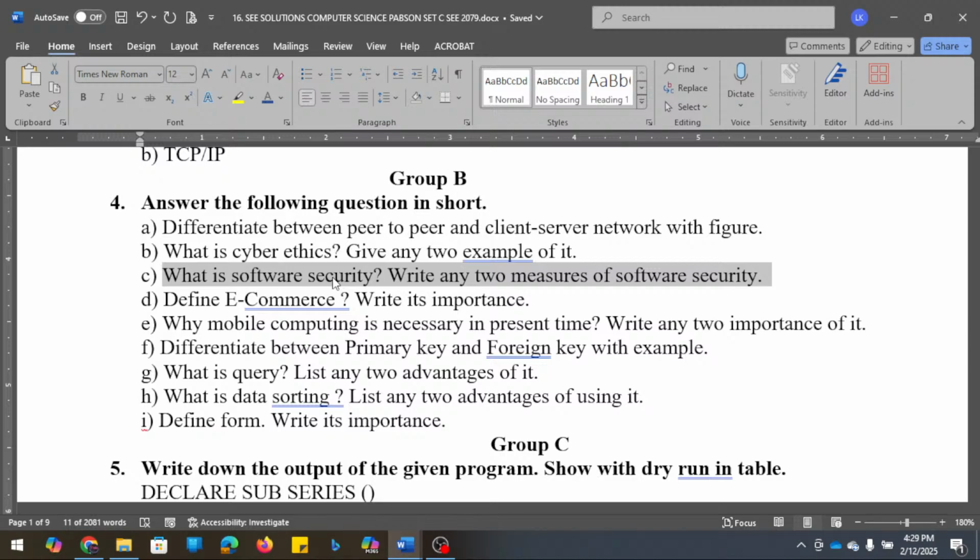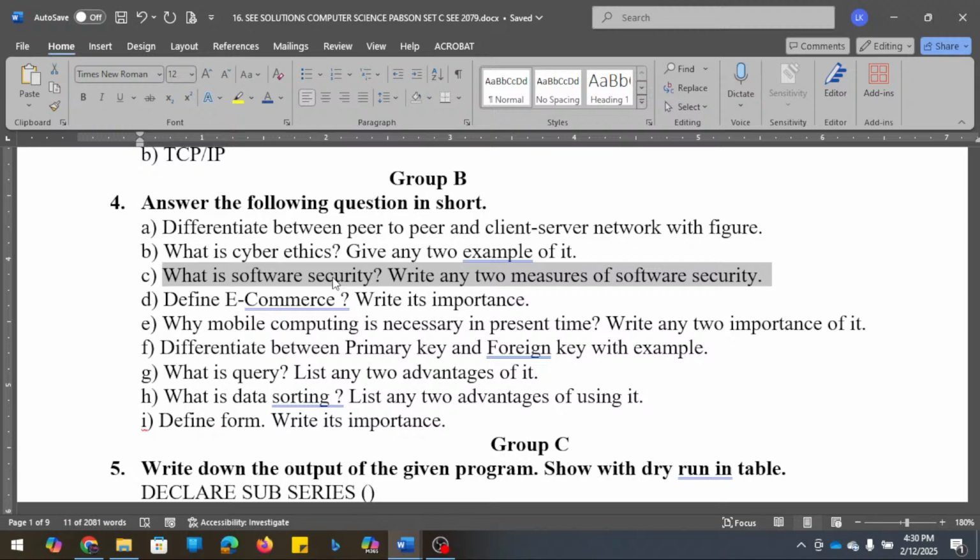Define e-commerce. That is important. E-commerce simply means selling and buying goods or products using the internet and paying online. What are its importances? We don't need to go to the market, so we don't need to show our physical presence.